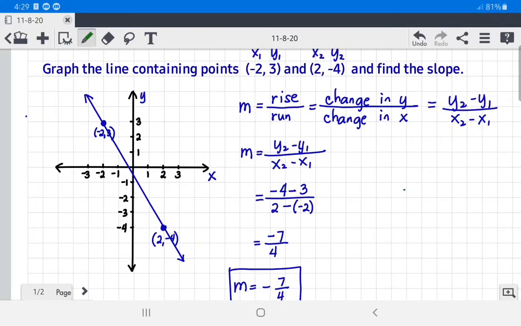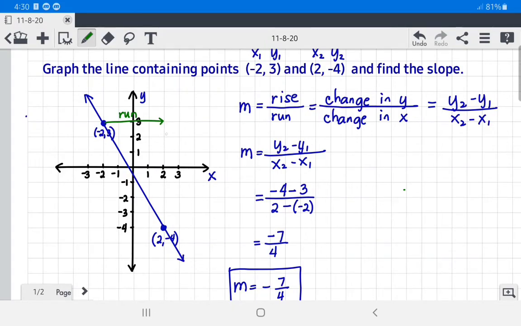The change in x coordinate is 4. We call the change in x coordinate the run. And the change in y coordinates is 7 units.